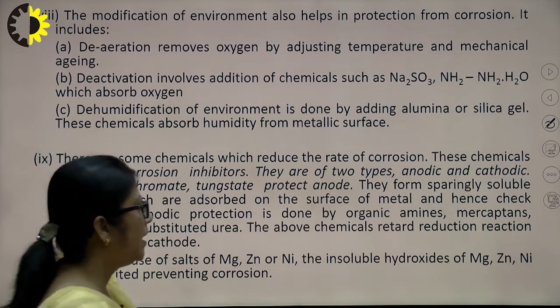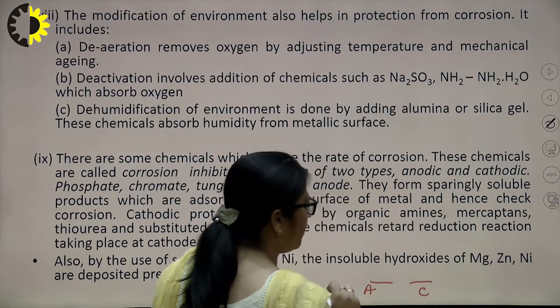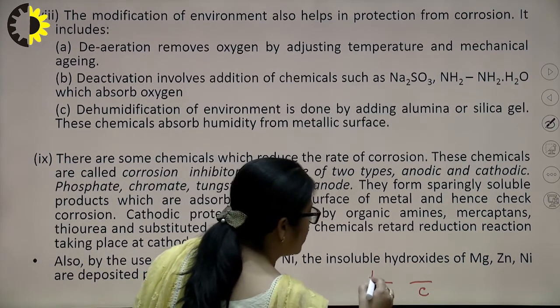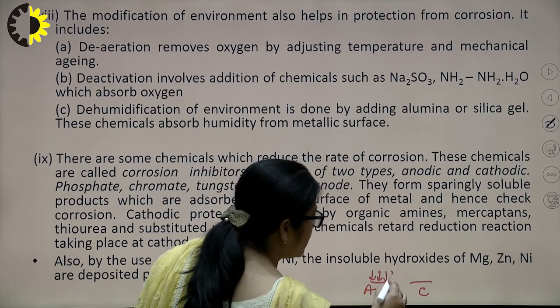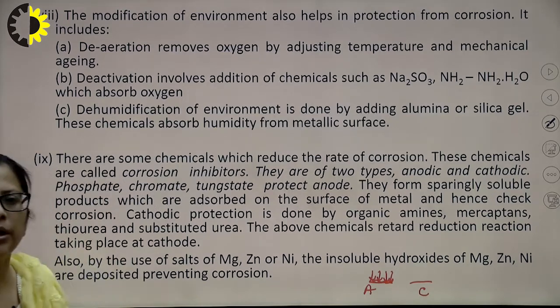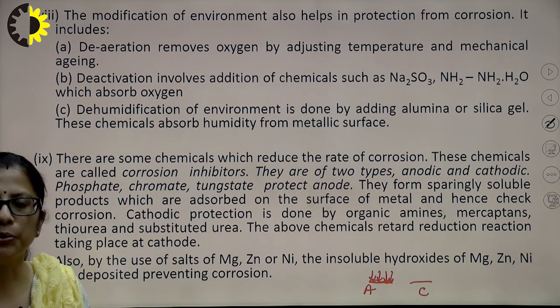For example, if this is the anodic area and this is the cathodic area, if we use phosphates or chromates, they are going to form an insoluble precipitate, and this insoluble precipitate is going to be adsorbed over the surface of the anode. So, the exposure of the anode to the environment will be reduced.